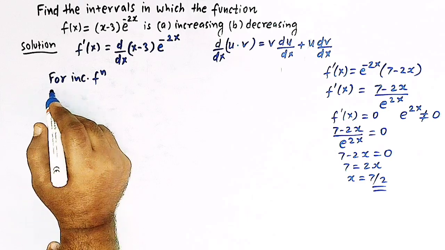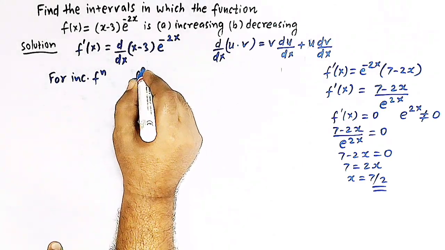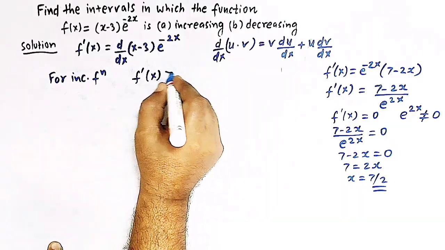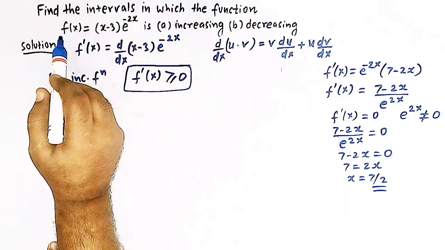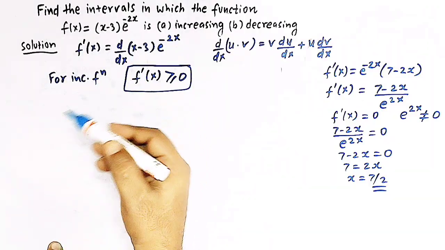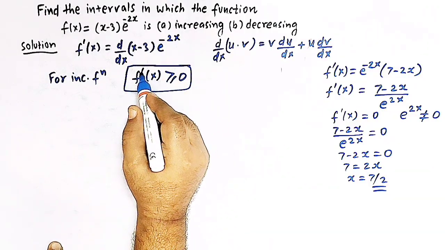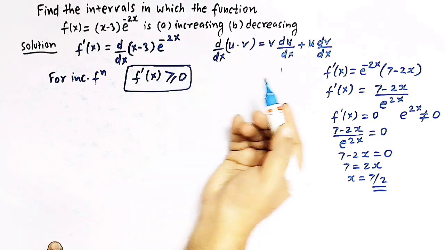So now for increasing function, we know the condition, that is f prime of x must be greater than or equal to 0. So a function f of x is said to be an increasing function in its domain if the derivative is greater than or equal to 0, right?